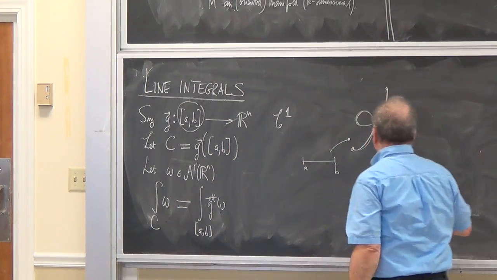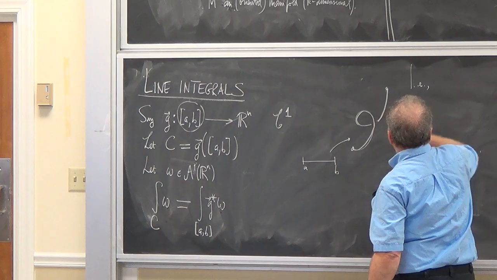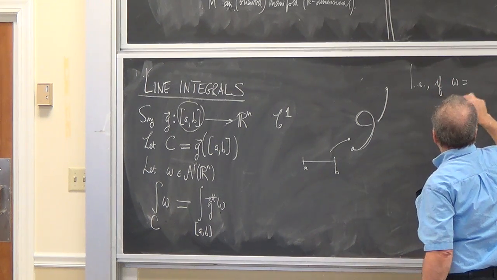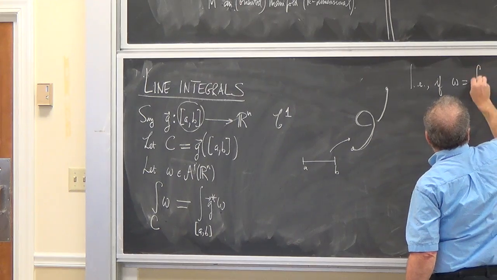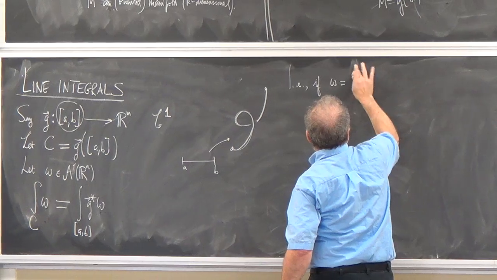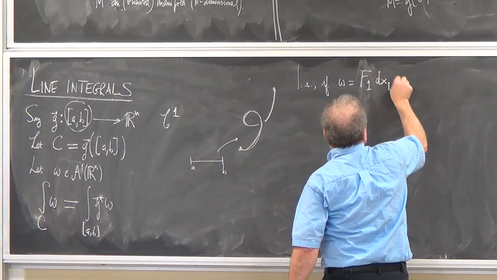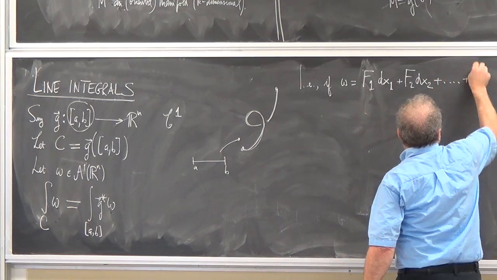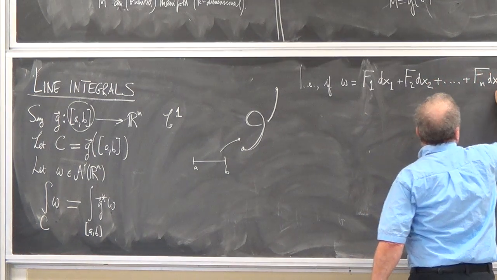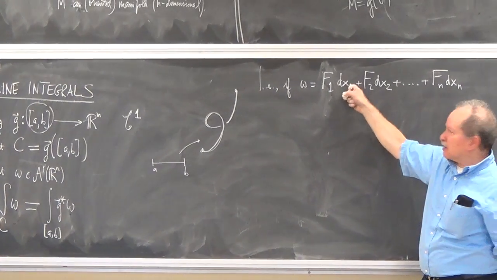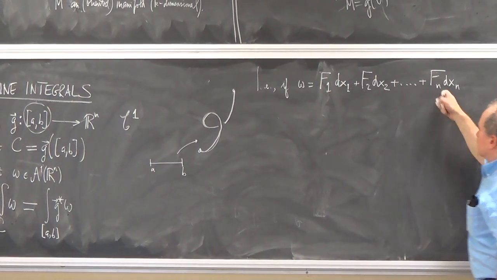So what's the formula for this? So if omega looked like F1, I'll actually use capital F's for reasons that will soon be apparent. So if your one form looks like a bunch of functions times dx's, there's no subscript I because I just have a 1 index, so there's 1, 2, up to n.